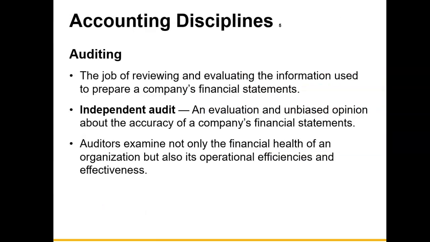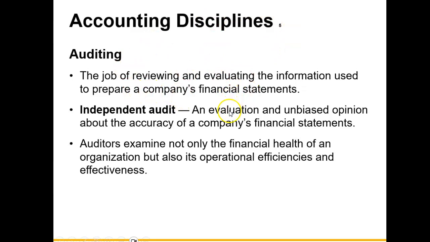Okay? So I mentioned auditing. What is auditing? Auditing is the review and evaluation of the information used by companies to prepare their financial statements. So when a company has an outside audit done, its purpose is to say, did that company follow the accounting rules when they prepared their financial statements? The audit needs to be independent.